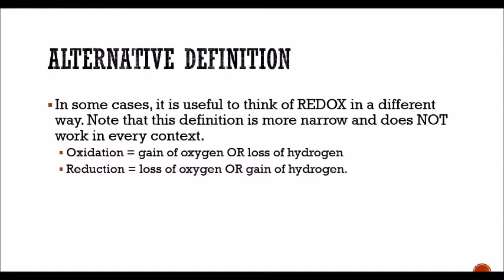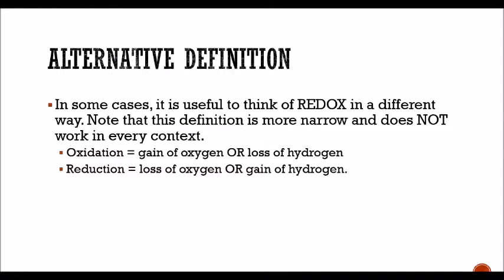It doesn't work in every context, but in certain scenarios you're going to find it easier, mainly in organic chemistry. Oxidation can also be defined as a gain of oxygen or loss of hydrogen, whereas reduction can be defined as a loss of oxygen or gain of hydrogen.